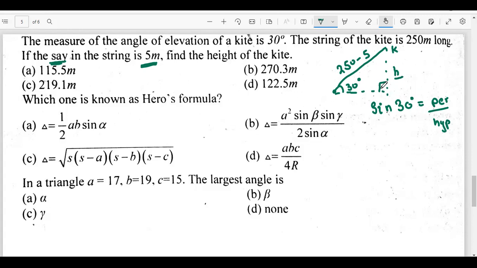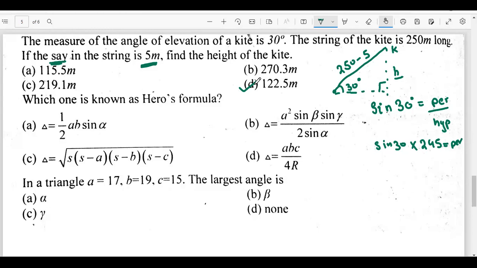The hypotenuse side would be the side opposite to the right angle. So it would be sine 30 into 245 equals the perpendicular side. You can just find the value and the answer is going to be 122.5. Saad and Ahmed, any doubts with this question? Yes, ma'am.